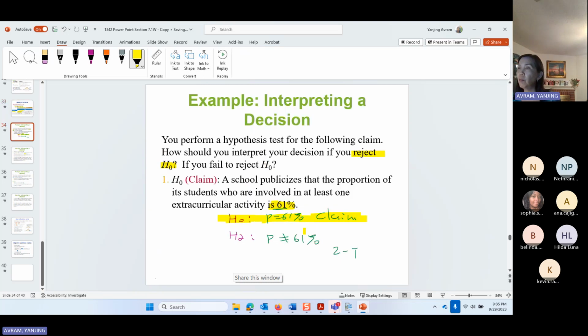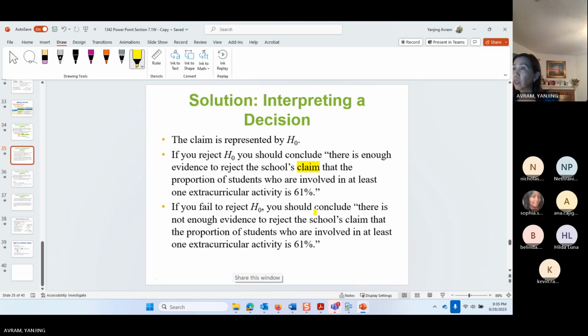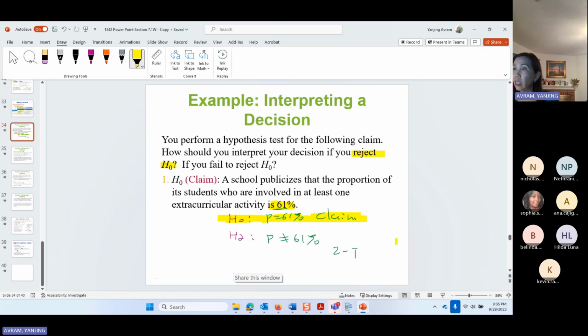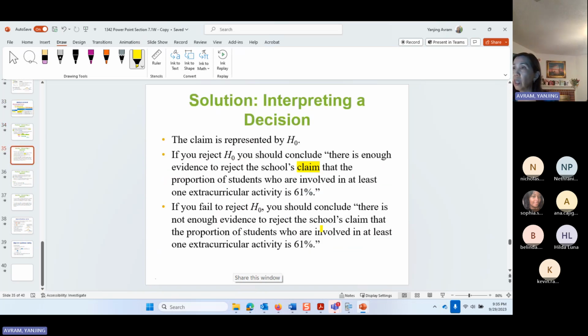All right. So that means you have enough evidence to reject the null. So what is reject the null? Reject the null, so that means this is incorrect, right? So you have enough evidence to reject a claim. Okay, reject that it is 61%, all right?